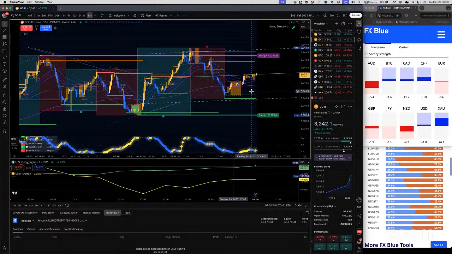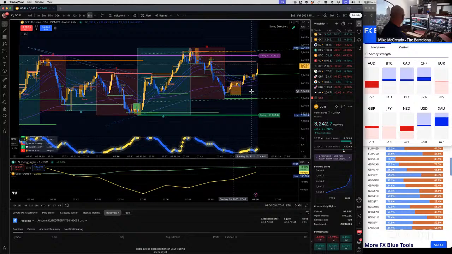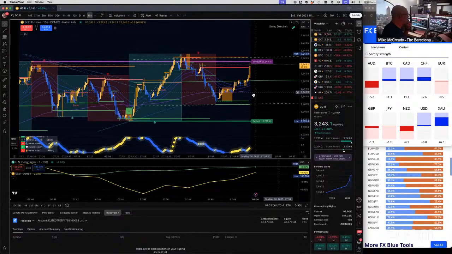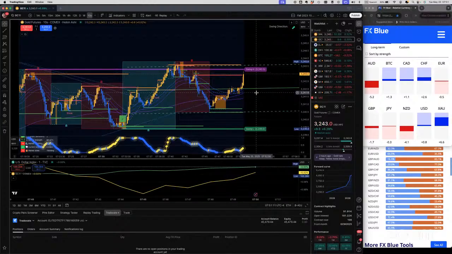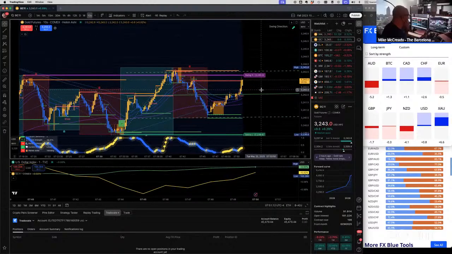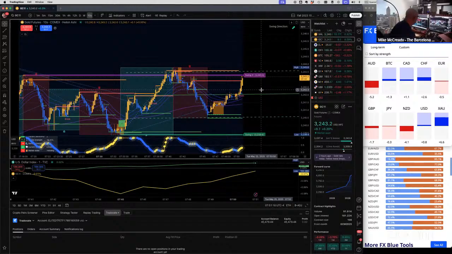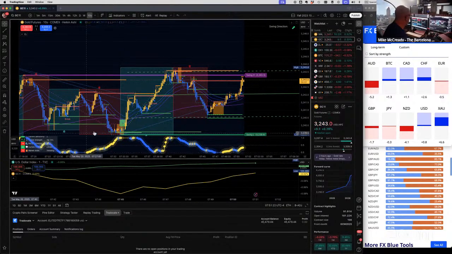We have 54% of retail traders bearish, however. Mixed signals on the FX trend display. And we're going up into some chop and some resistances. So nothing really screaming, trade me right now.